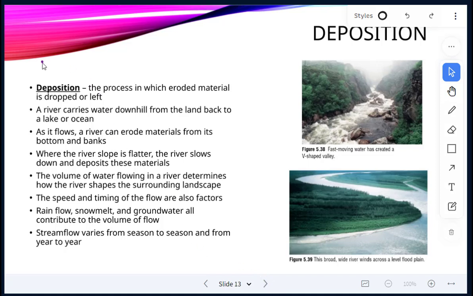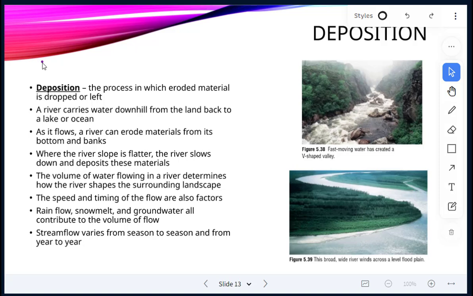Next is deposition. This is when the eroded material gets dropped off or left somewhere. So rivers carry water downhill from the land and back to a lake or ocean, but as it flows, it's also eroding materials from its bottom and banks. Where the river slope is flatter, the river will slow down and deposit those materials.